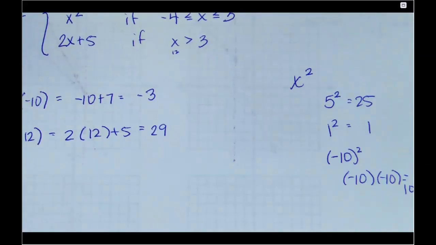Now, what I want you to do is put negative 10 squared into your calculator a second. Okay, what does it tell you? Depending on how you put it into your calculator, it could give you negative 100.